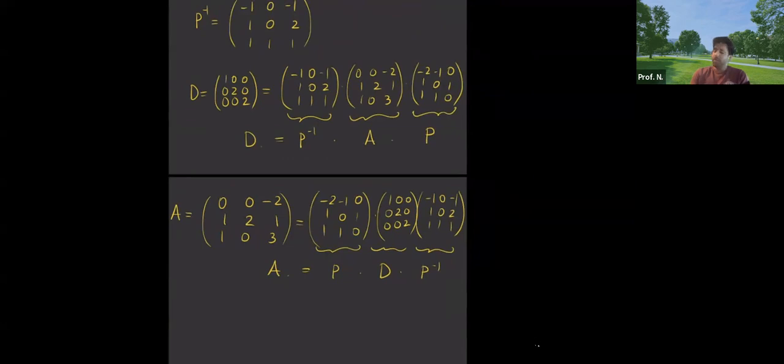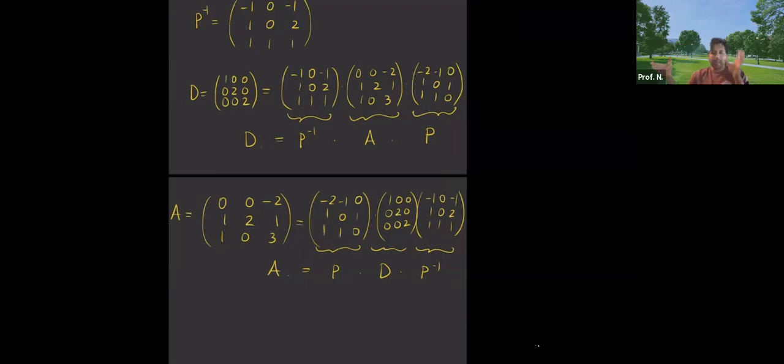So you may be saying, wow, great. We're able to determine whether a matrix can be diagonalized in this weird way, where we utilize the eigenvectors and put them in the matrix and find the inverse of that matrix because it's invertible.